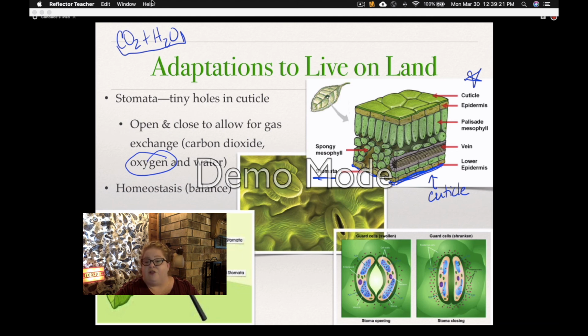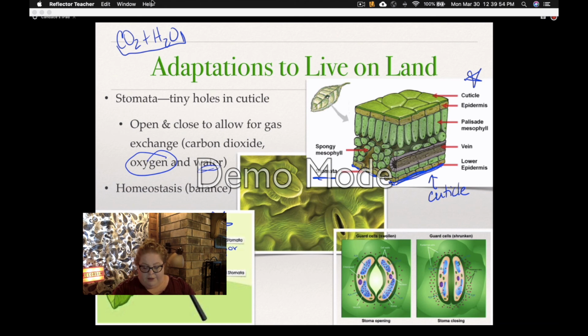And that has to do with evaporation. It's to minimize evaporation, because when the stomata is open, water can also escape, which isn't great for the plant. So this picture shows our open stomata, and what's exiting is water vapor, which means it's a gas, and oxygen, and what's coming in is carbon dioxide.